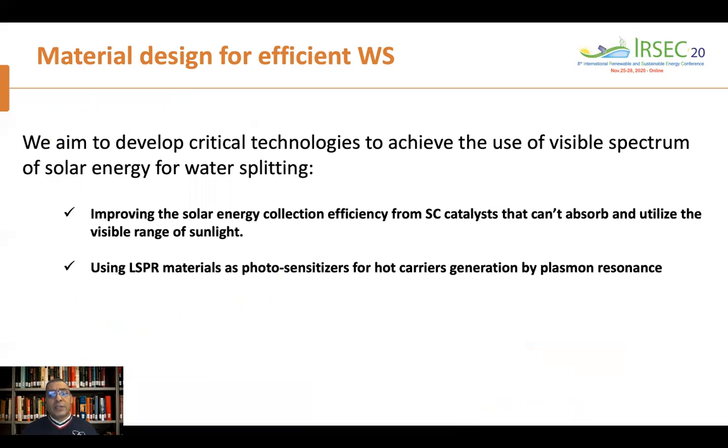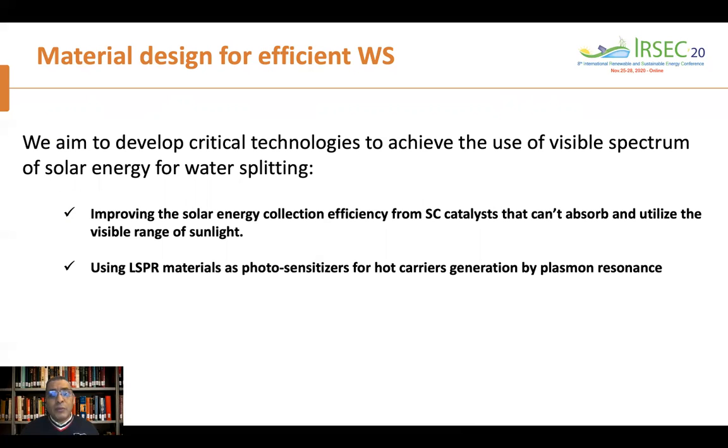So how to do that? We first have to improve the solar energy collection efficiency of the semiconducting catalyst. It has to absorb and utilize the visible range of sunlight, so we have to find a way to extend the light absorption of the semiconducting material to the visible region.